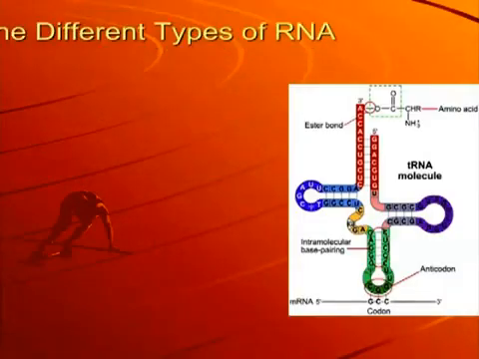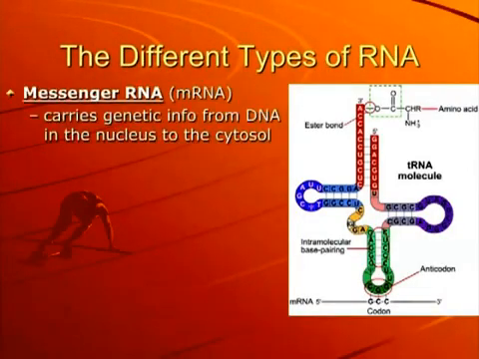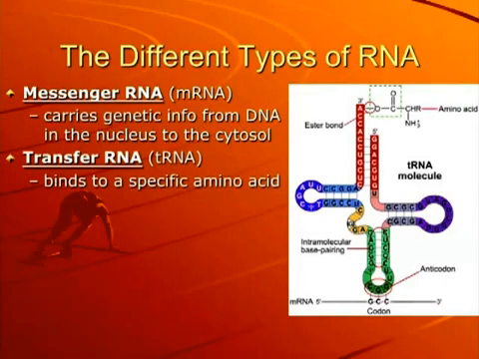Those 3 different types of RNA are messenger RNA, also known as mRNA, which, as it's named, is a messenger of DNA to the rest of the cell. So it carries genetic information from DNA to the cytosol. tRNA, transfer RNA, is RNA that carries around an amino acid, which, if you remember, are the building blocks of proteins.